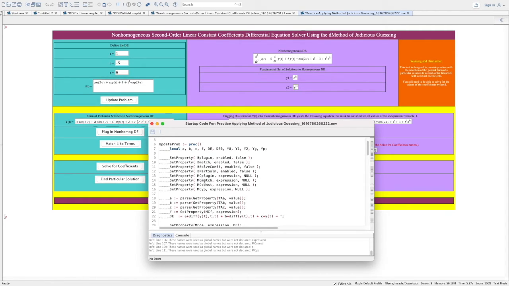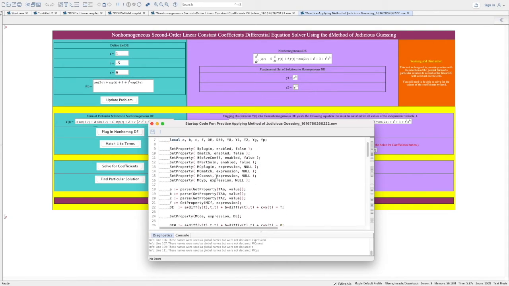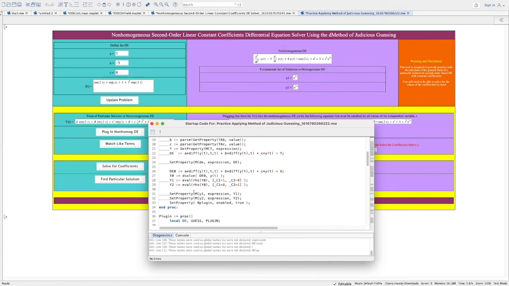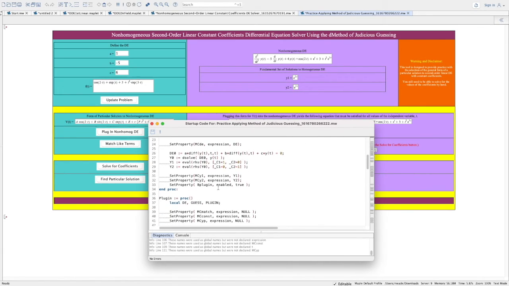I make them all disabled, and I also empty out any old results that were there. So I set them to contain empty results. Then I update the problem, and I put the problem in the homogeneous solution, and when I'm done with that, I turn on the plug-in button.